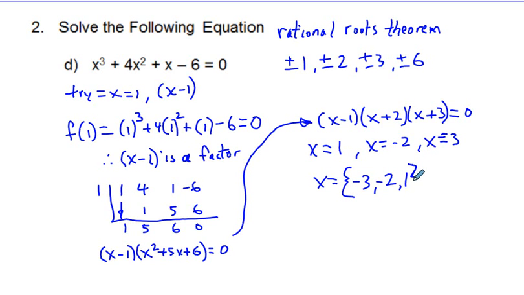Is it 100% necessary to write in set notation these numbers in order? No, but conventionally it looks prettier this way, to go from the numbers from least to greatest.